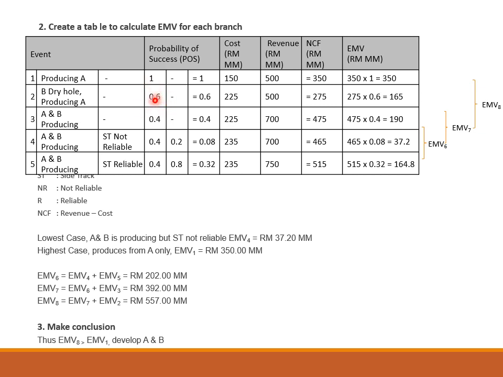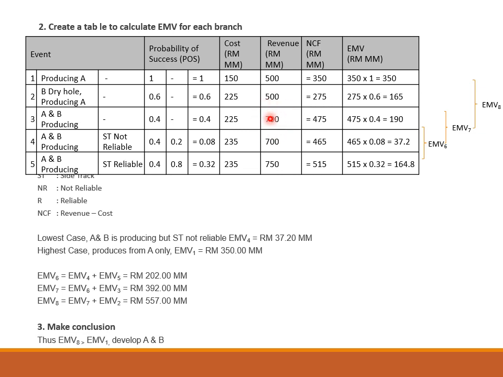And then remember the cost of producing B. The total cost of the bigger platform, because the small platform is inadequate. So the larger platform will cost 225 million. So 225 million for these two events. But if it is producing, you get an additional 200 million of revenue.